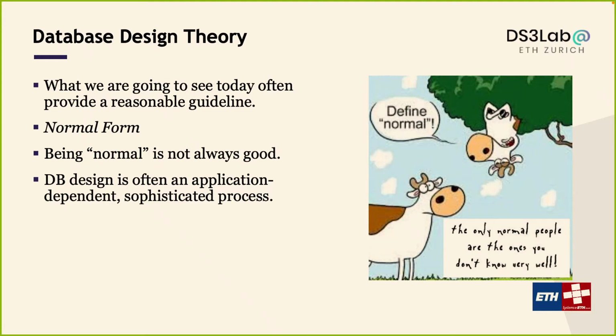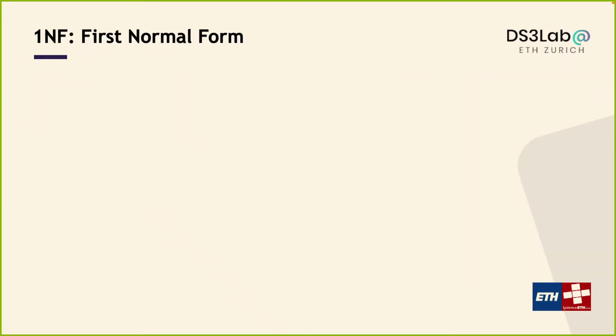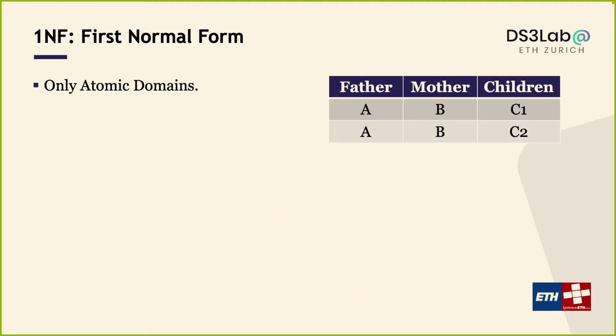And let's try to introduce the first normal form. So what is first normal form? It's actually a very simple one. It says if your design only contains atomic domains, then it satisfies first normal form. So what do we mean by this?